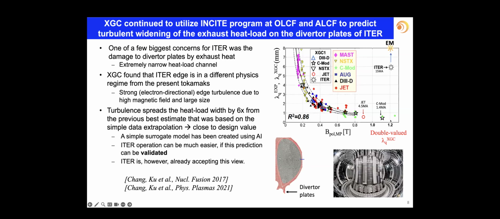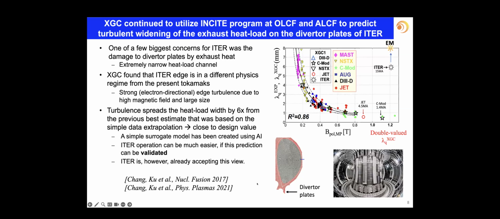And ITER is actually here. When we go here, it's only 0.5 millimeter, according to the current data. With this, ITER was getting doomed by some scientists. 100 megawatts hitting just such a narrow band is going to burn the tungsten divertor. There's no material which can withstand that. The design width was around 6-7 millimeters.